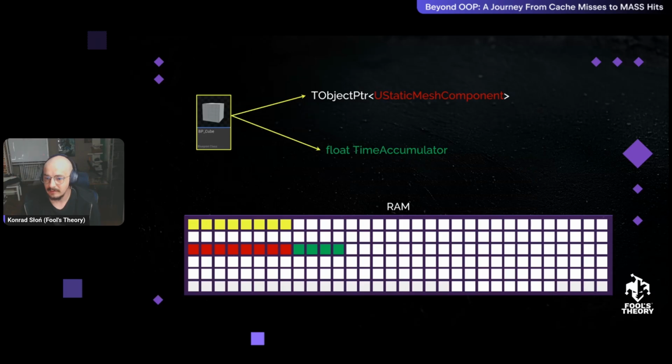So when you spawn the cube in your scene, your memory might look like this. Of course, this is a simplified image. These lines here might be much farther away from each other.